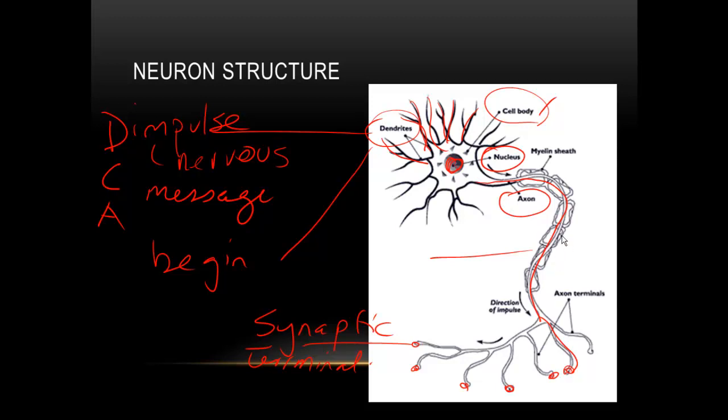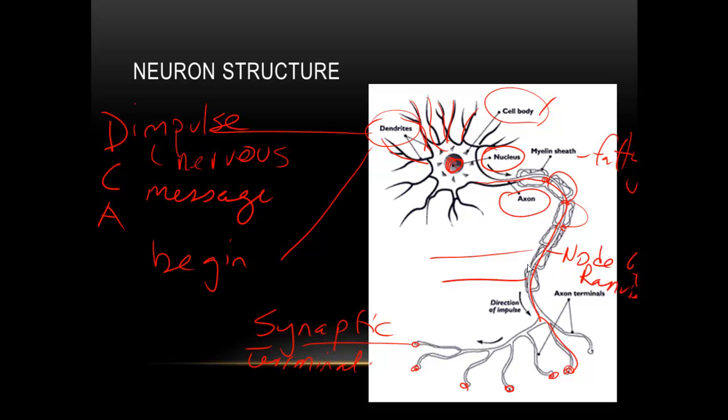This axon we see actually has a coating on it, a fatty coating that is going to insulate the neuron and speed up the nervous impulse being transmitted, because the impulse is going to jump along the length from node to node. And these nodes are called nodes of Ranvier.